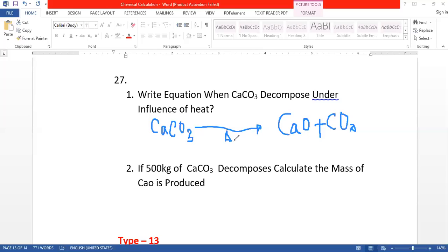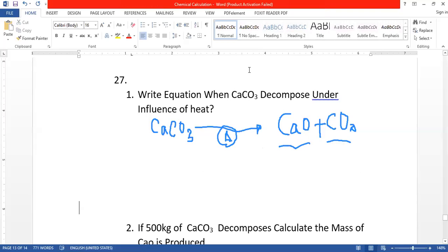So calcium carbonate is heated and calcium oxide and carbon dioxide are formed, right? If you look at now, calcium carbonate, wait, just wait.